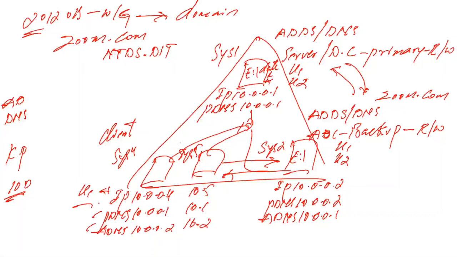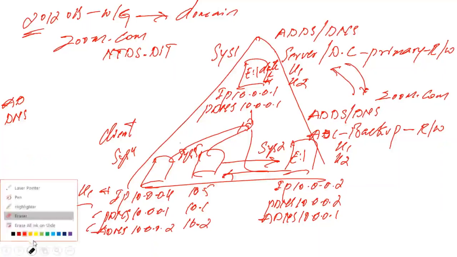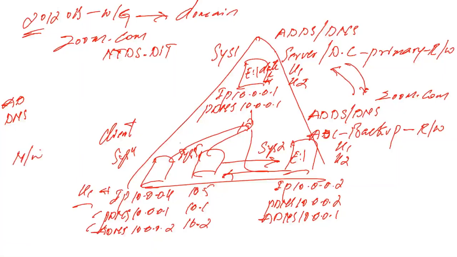Whenever the user logs into the client machine, my client machine forwards the request to DC or ADC, right? The user will get authentication, but from the network the user wants to access the roaming profile, share folders and home folder. So tell me, to which machine's hard disk will this data be updated? System 1 DC hard disk, system 2 ADC hard disk, or both?